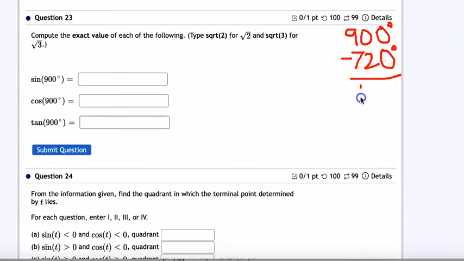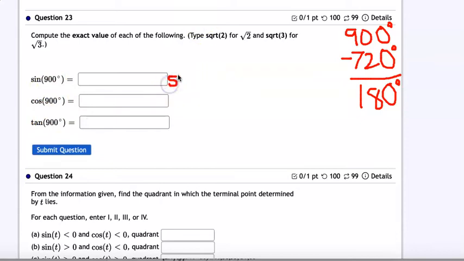You are left with 180 degrees. Okay, so each of these is actually going to be the same thing as sine of 180 degrees, cosine of 180 degrees, and tangent of 180 degrees.